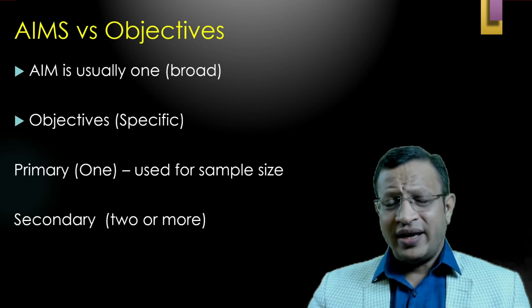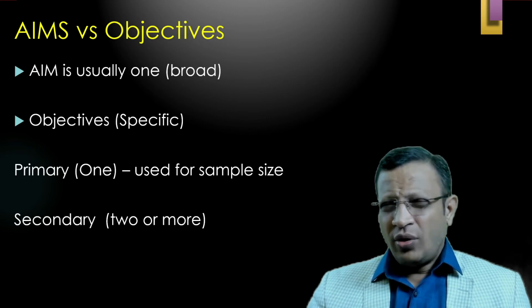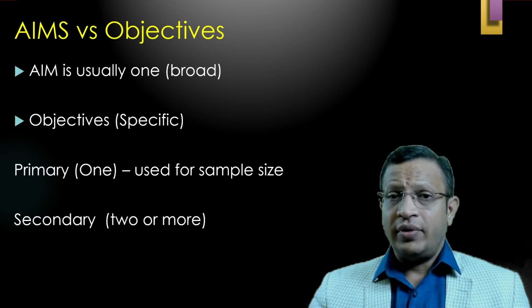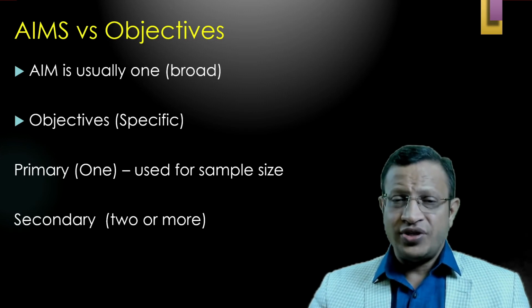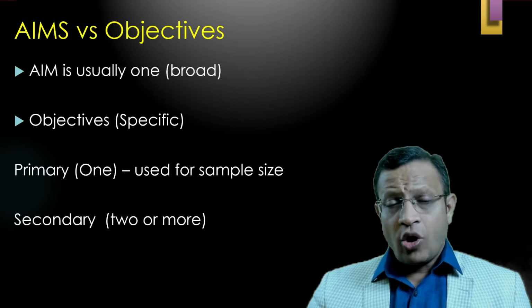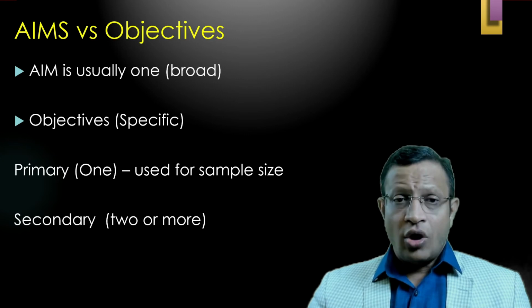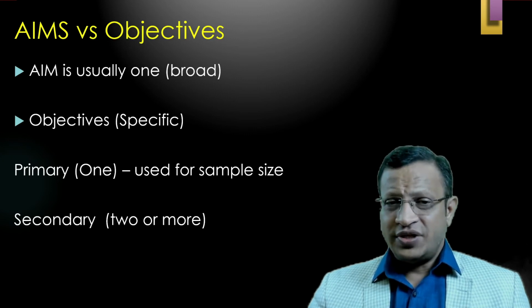If you have more than 1 primary objective, you are going to land in trouble. Unless your guide says that yes, we will consider this as a primary objective, and then your primary objective will be the criteria for your sample size, not the secondary objectives.